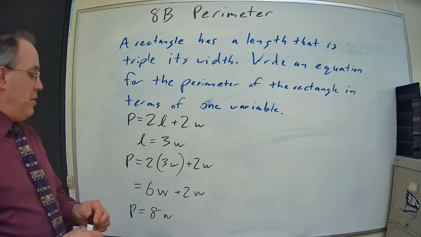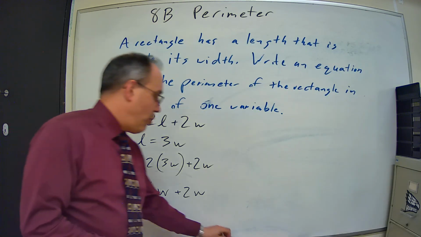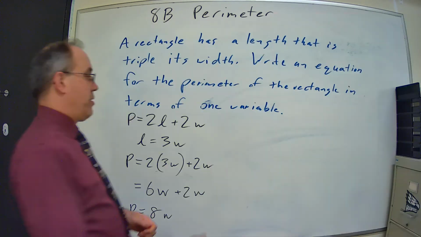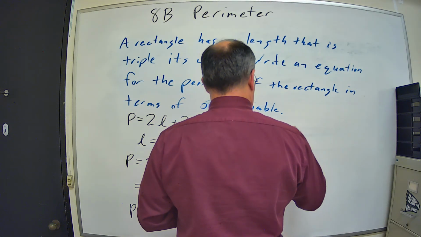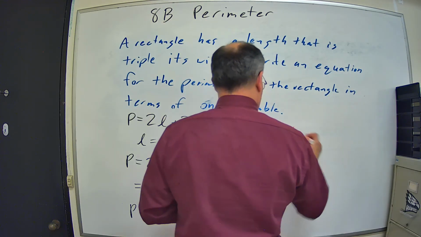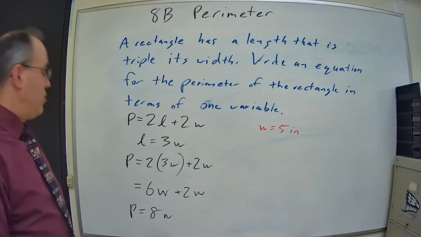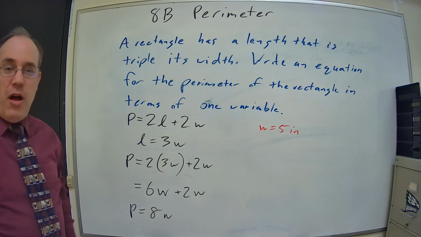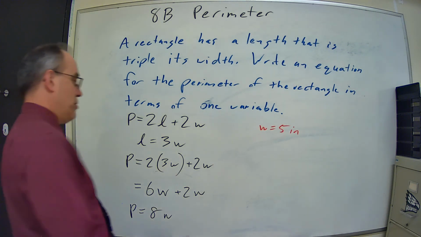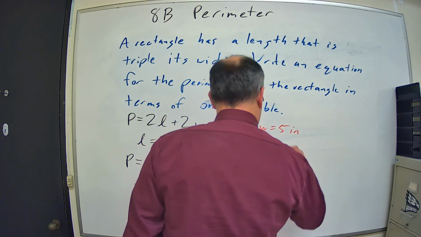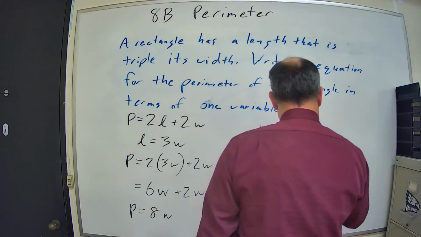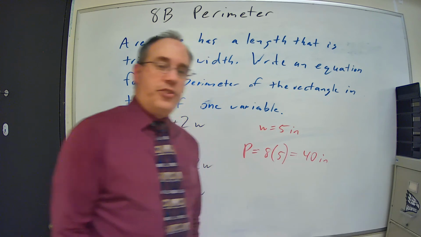So let's switch to red and say, what if I know that the width is equal to 5 inches? What is going to be the perimeter of this rectangle? P is equal to 8 times 5, or 40 inches.